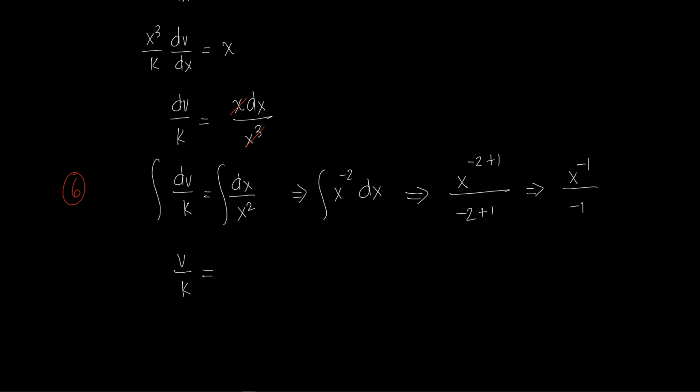Simplify lang, negative 1 over x. Yung ito, mapunta sa baba para maging positive yung exponent. So we have negative 1 over x plus c.